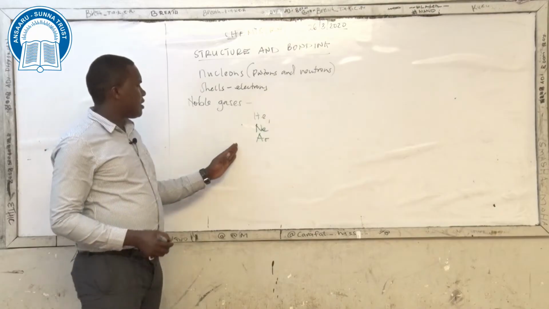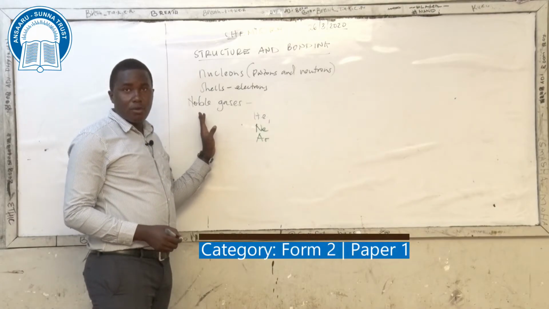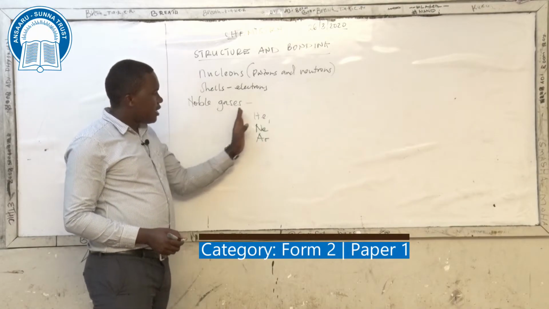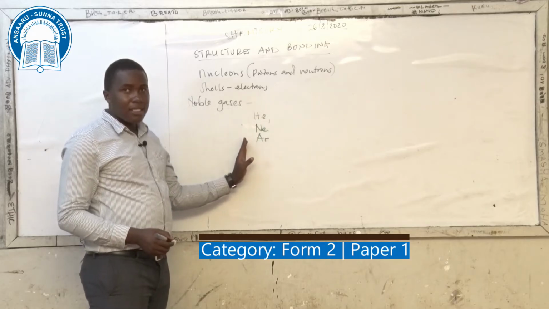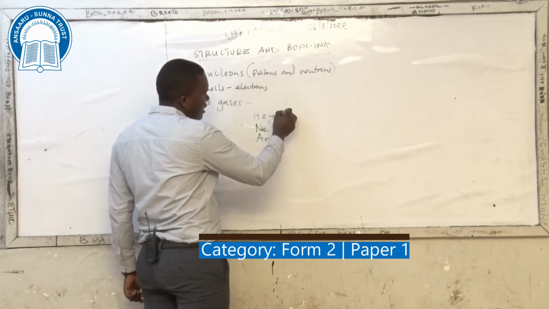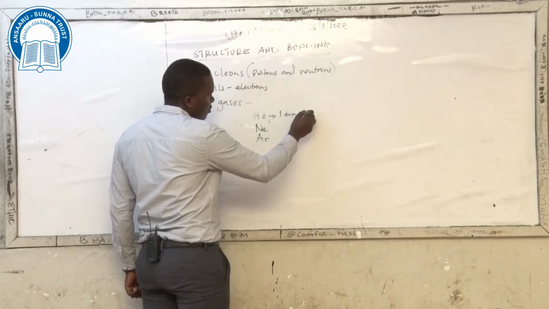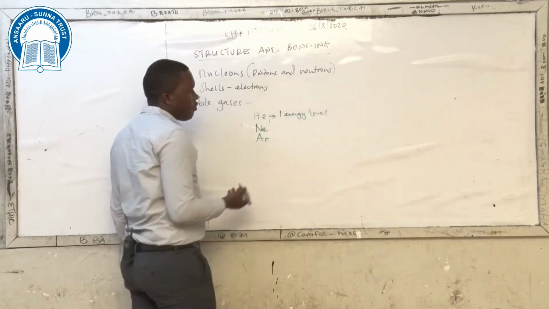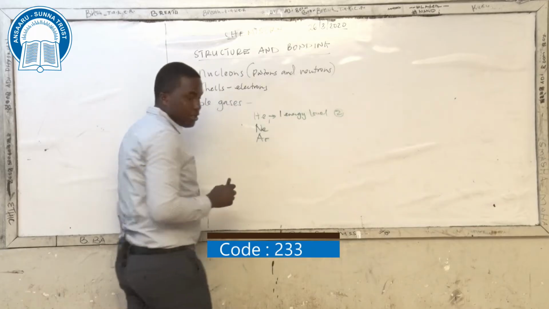These three elements form the noble gases group, and there is a reason why they are classified as noble gases. Because when you look at helium, it has one energy level, which is full because it has two electrons.